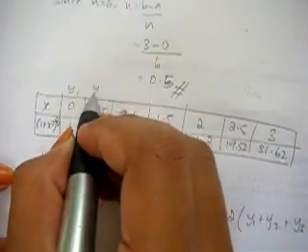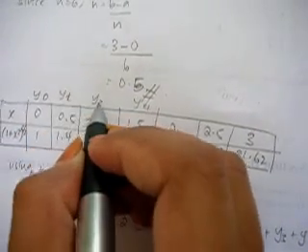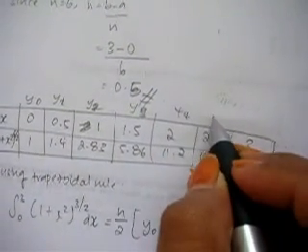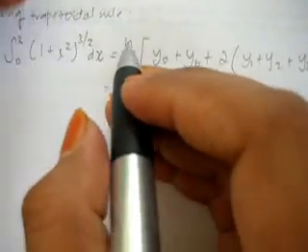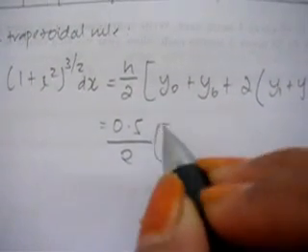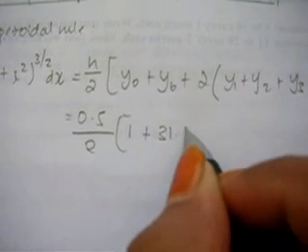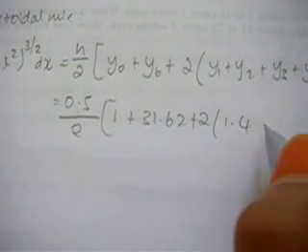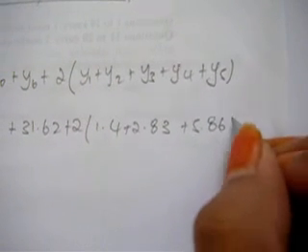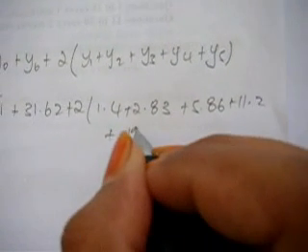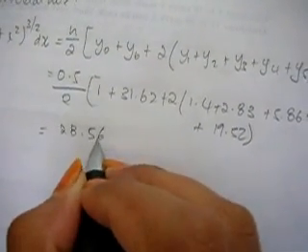This is y0, 1, 2, 3, 4, 5, y6. h is given as 0.5, and we substitute in the values: (1 plus 31.62) plus 2 times (1.4 plus 2.83 plus 5.86 plus 11.2 plus 19.52). After calculation, you'll get it as 28.56.